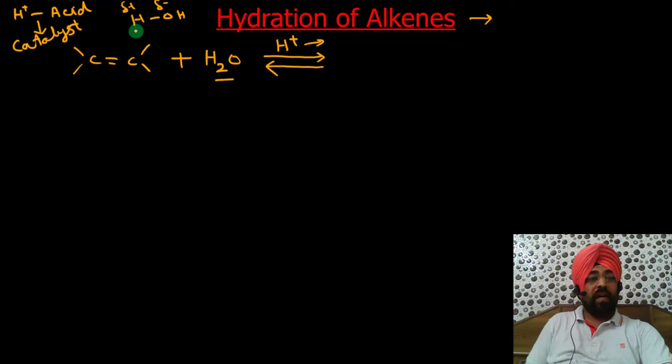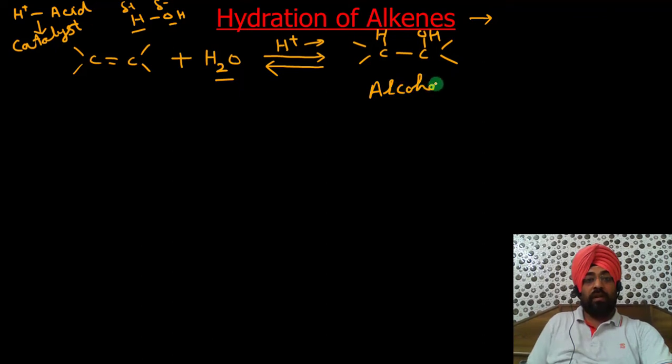So to one carbon H positive will be added and to the second carbon OH negative will be added. As this is a symmetrical alkene, you can add the proton or OH to any carbon, the product will be the same. So the overall product will be CH single bond COH.